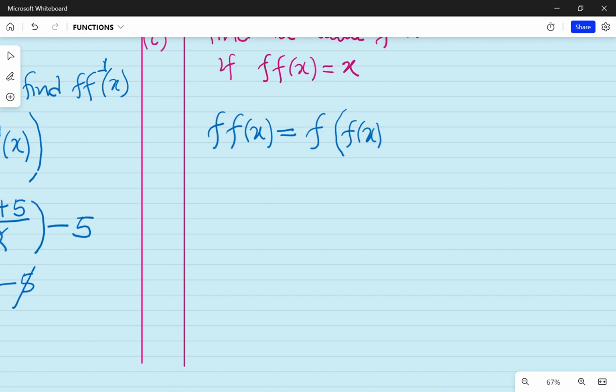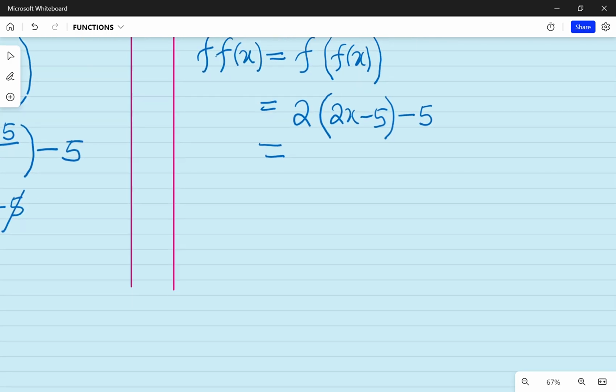That simply means where I'm seeing x in f of x, I'll substitute with the function itself, f of x. So this is now going to give me 2, and then the function itself, which is 2x minus 5, then minus 5.